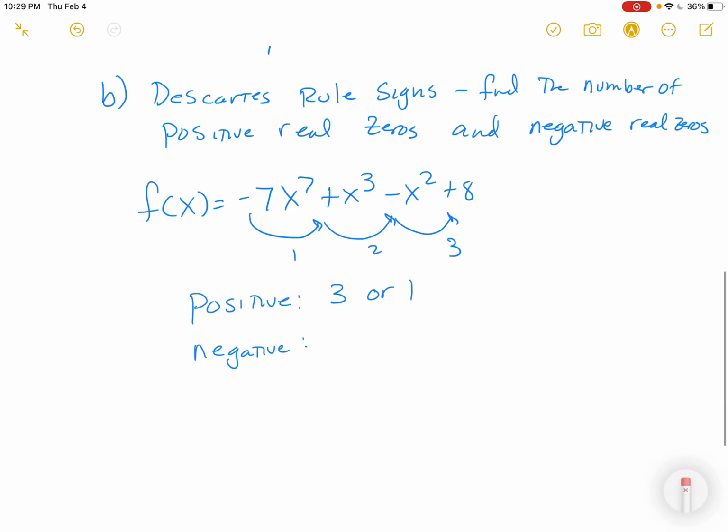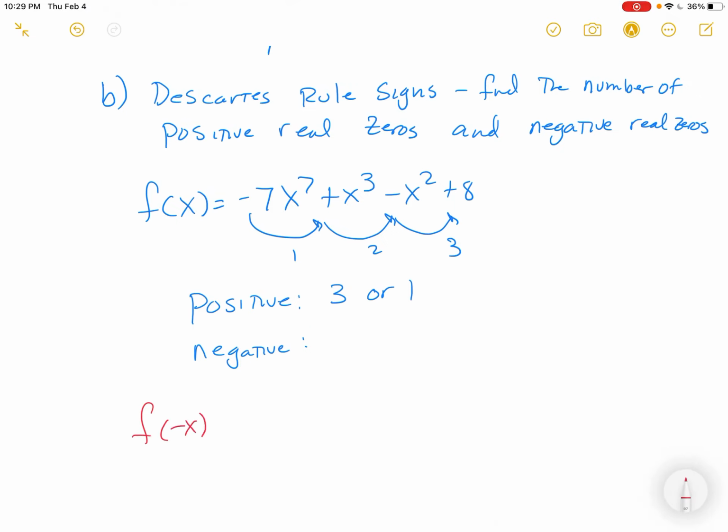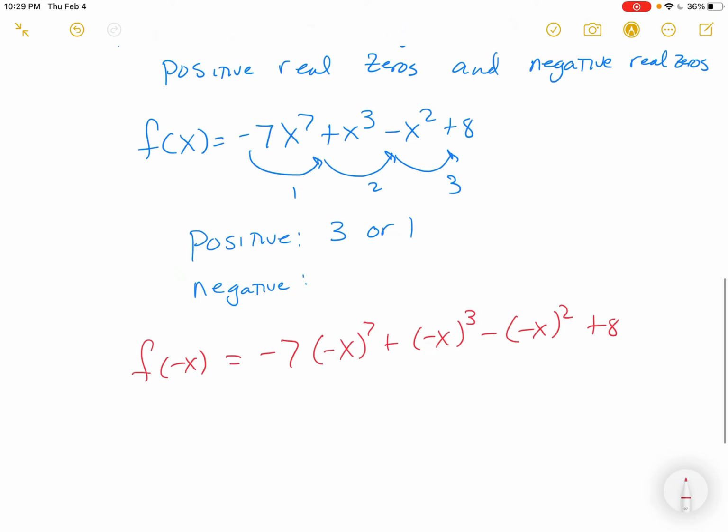So f of negative x is negative 7 times negative x to the 7th plus negative x to the 3rd minus negative x squared plus 8. And so what's that? Negative x to the 7th is negative, times negative 7 is positive 7x to the 7th, minus x cubed minus x squared plus 8.